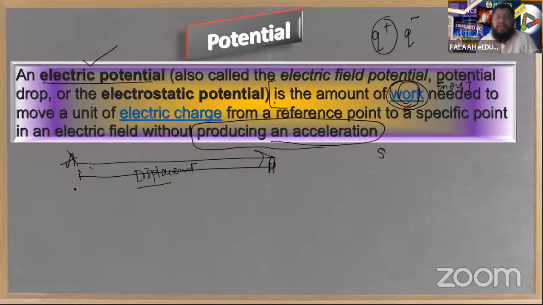What has to be displaced? Here the displacement should be of the electric charge. Electric charge displacement करण्यासाठी एका पर्टिक्युलर पॉइंट पासून अजून एखाद्या रेफरन्स पॉइंट पर्यंत इलेक्ट्रिक चार्ज घेऊन जाण्यासाठी जे वर्क रिक्वायर्ड आहे, जी एनर्जी रिक्वायर्ड आहे, that is called the electric potential.